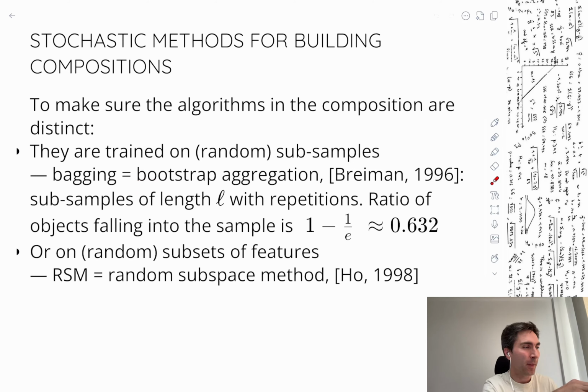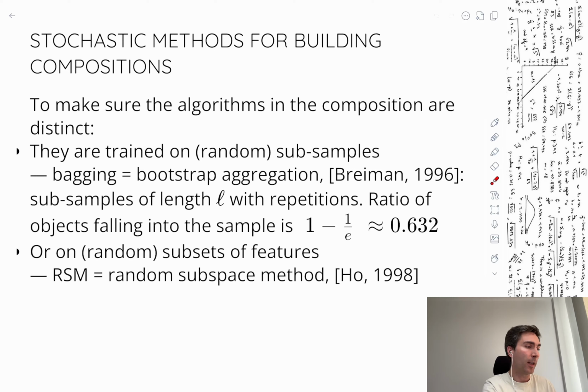Bagging simply means that you subsample from your data set new data of the same length L with repetitions. So each time you have a new data set for training your model, and the ratio of objects falling into the sample is approximately 0.6, or 1 minus 1 over e.